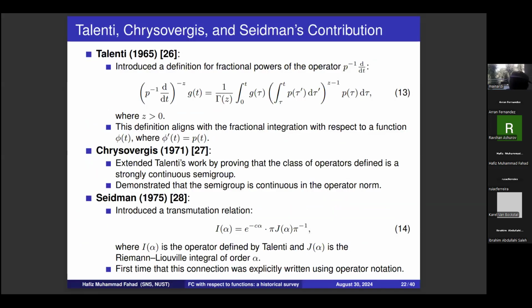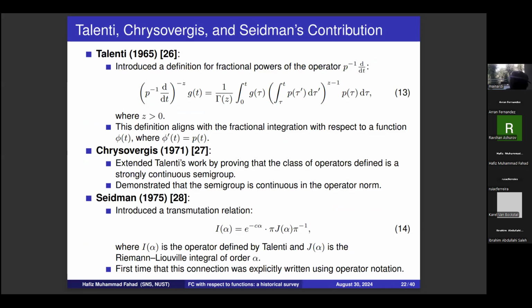Right. So Tarenti in 1965 discussed a method to define fractional powers of the operator p to the power minus 1 d by dt. His approach is consistent with fractional integration with respect to functions.